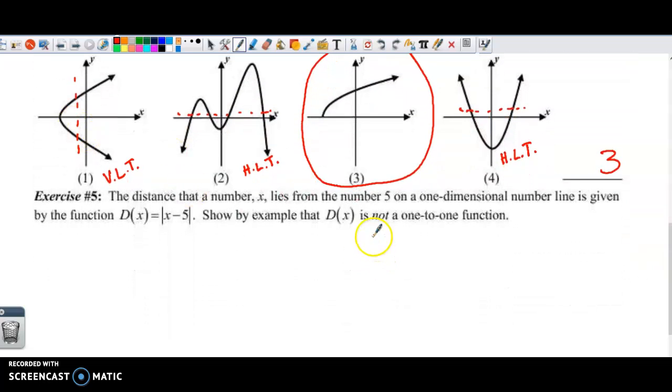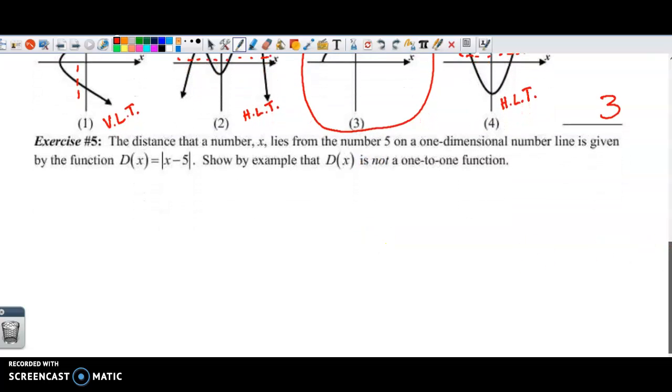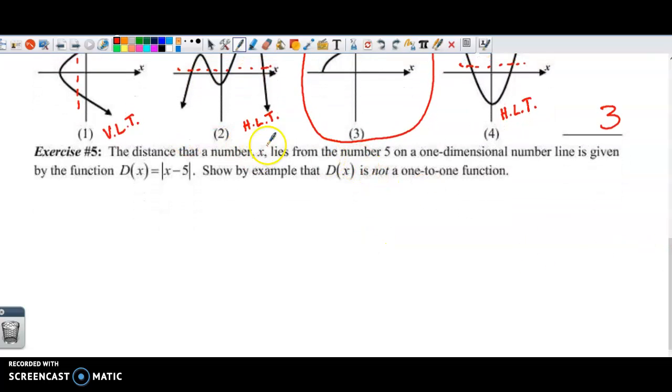And then we have this other problem. I guess it's our last problem before our notes. We have the distance a number x lies from the number 5 on a one-dimensional number line is given with this equation. And they want you to show that it is not a one-to-one function. There's a lot of different options that you could do.